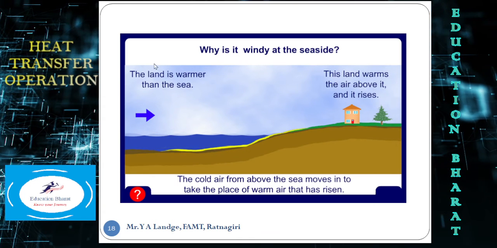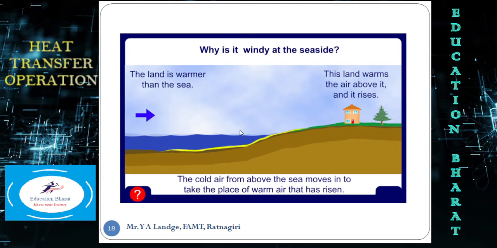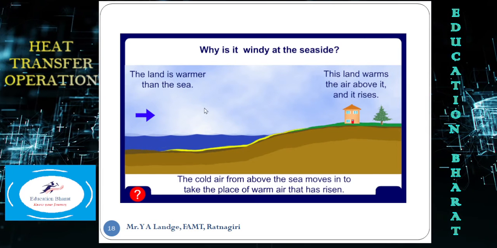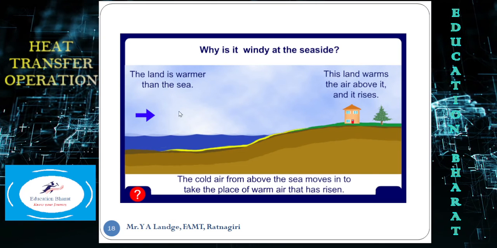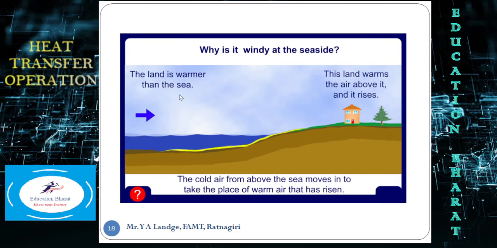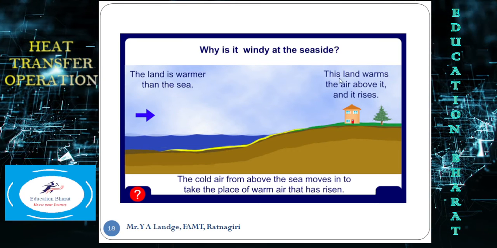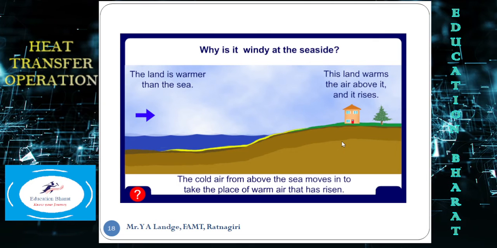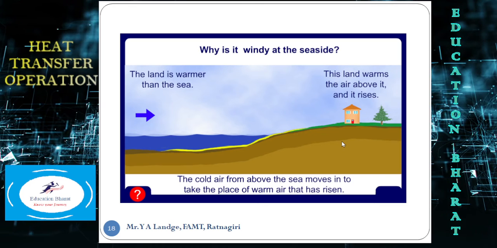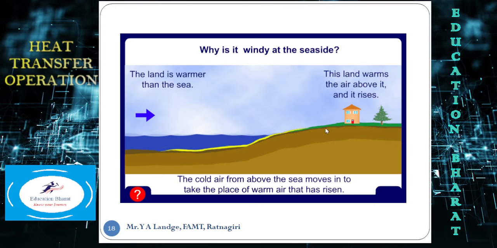If you see, the land is warmer than the sea. The air over the sea is colder, and over the land it is hotter. Because of that, the cold air is always pushing the hot air.